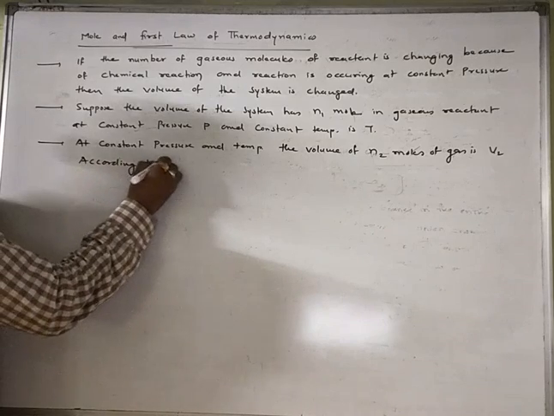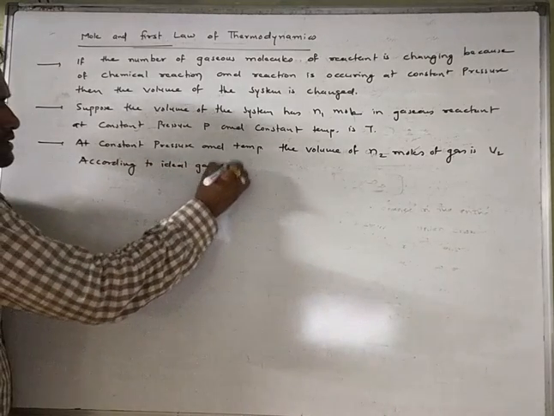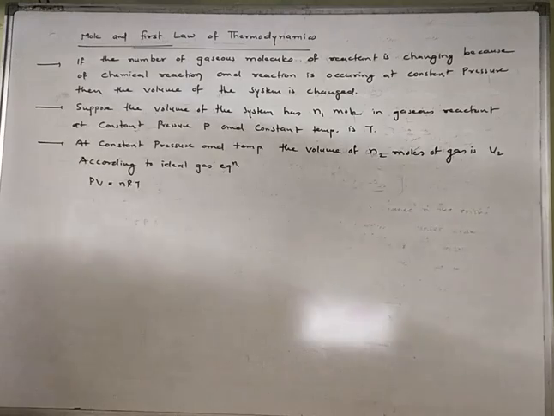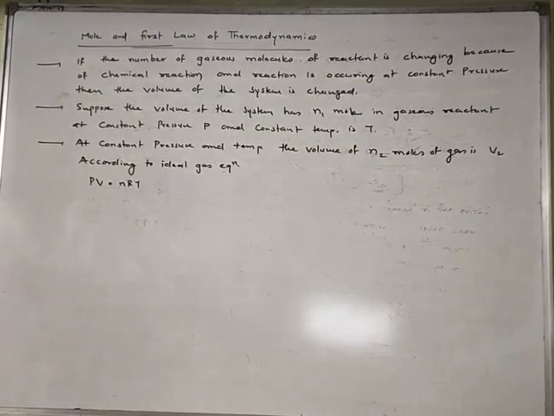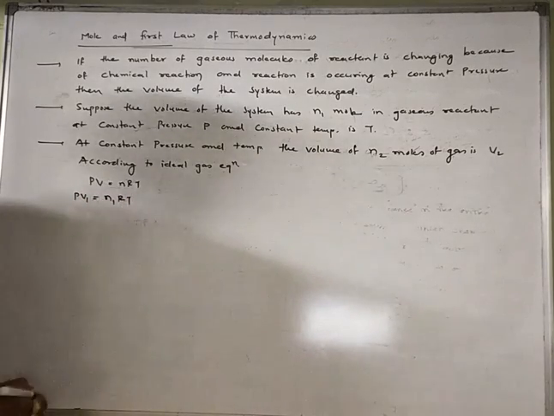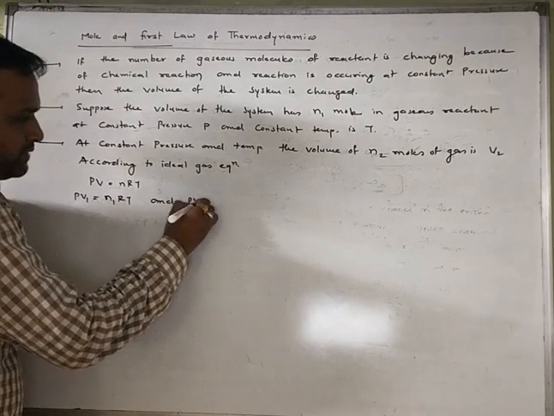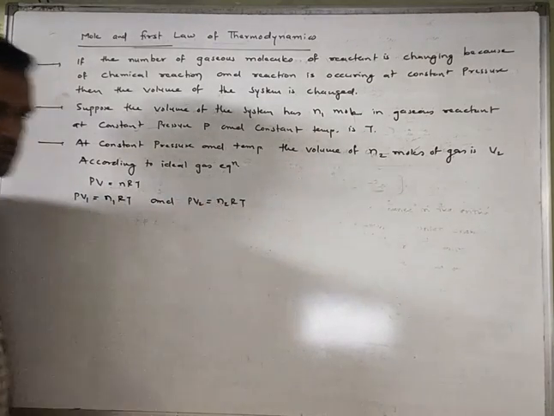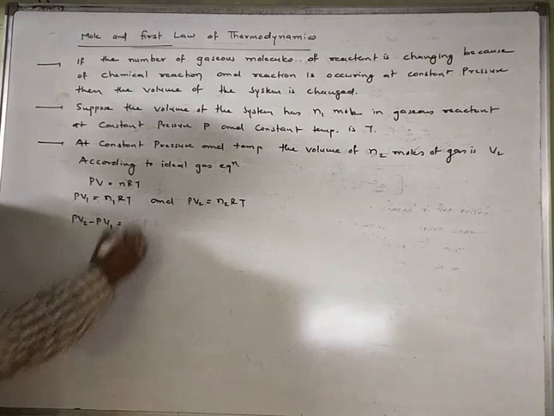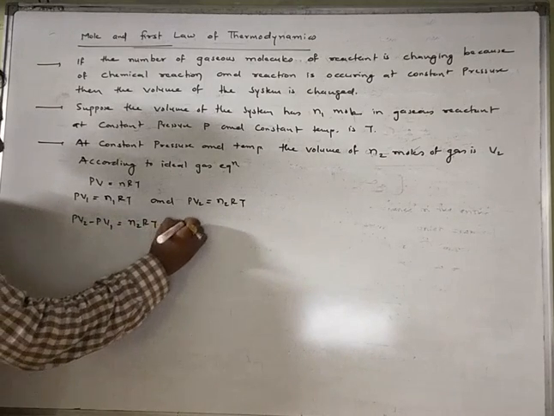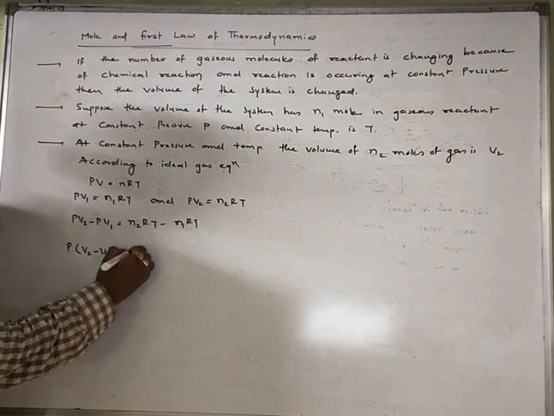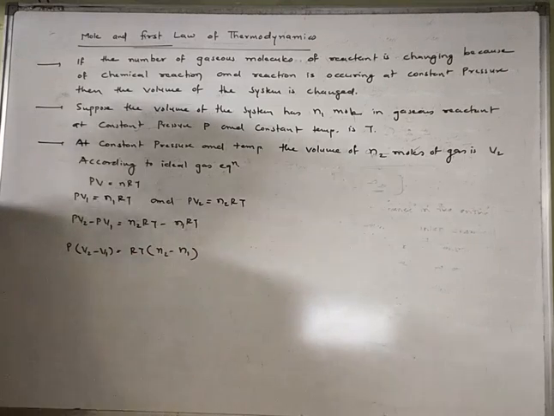Then according to the ideal gas equation, PV equals nRT. Understand? Now you all know that PV1 equals n1RT and PV2 equals n2RT. So PV2 minus PV1 equals n2RT minus n1RT, so V2 minus V1 equals RT times (n2 minus n1). Is it clear?